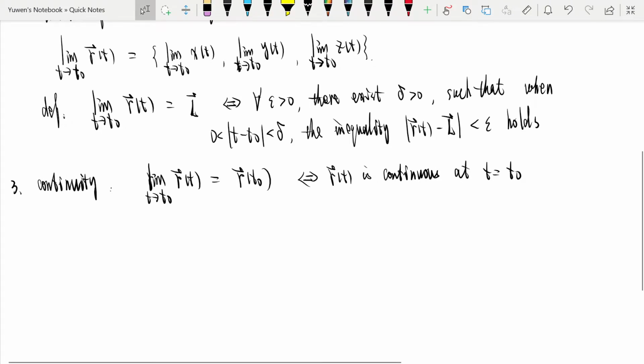Okay, that's the definition for limit and continuity.